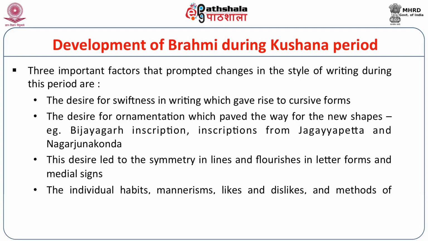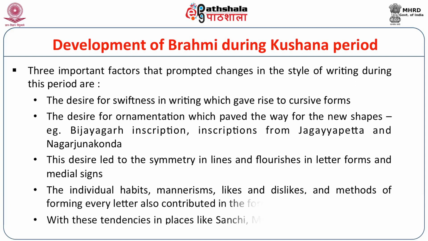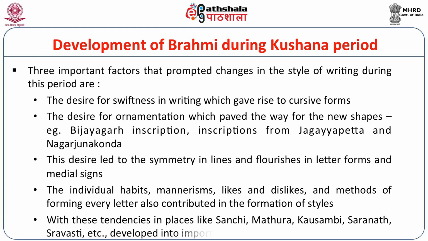Along with that, with sufficient space, they also gave room for adding flourishes in the letter forms and medial signs. Another factor which we see is individual habits and mannerisms, likes and dislikes, methods of forming every letter. So these are the many contributory factors which brought in changes in the form of letters.